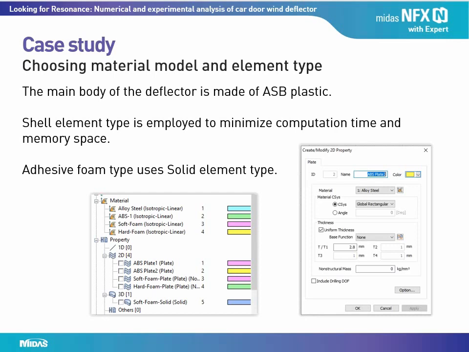Well, this simple deflector structure would indeed not create problems for a modern computer if 3D solid elements are used for the whole structure. On the other hand, the foam adhesive should use solid elements given its geometry, where the ratio of thickness to width is not suitable for using shell elements.